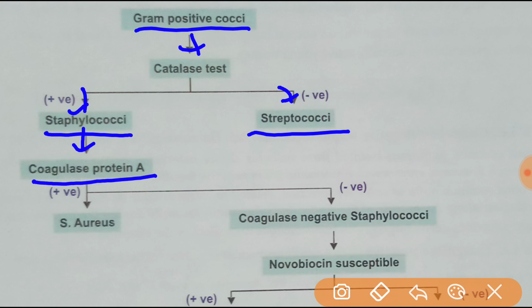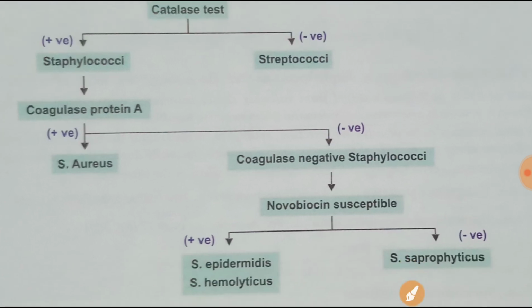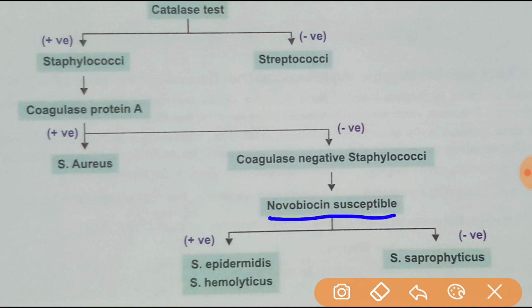It is positive in Staph aureus, while negative in coagulase negative Staphylococcus. Next, if coagulase negative Staphylococci, novobiocin susceptibility testing is done. If novobiocin susceptibility is positive, that means it is Staphylococcus epidermidis and haemolyticus, while it is negative in saprophyticus.